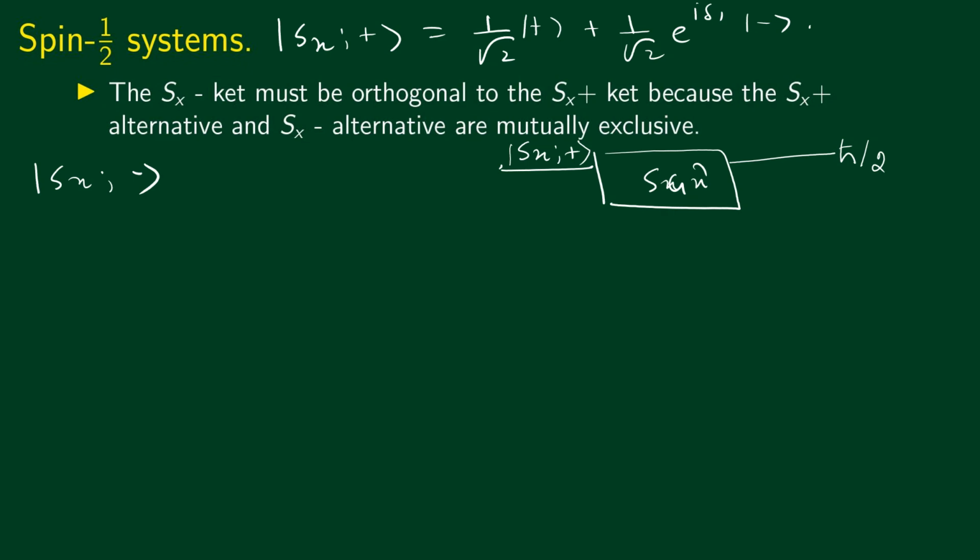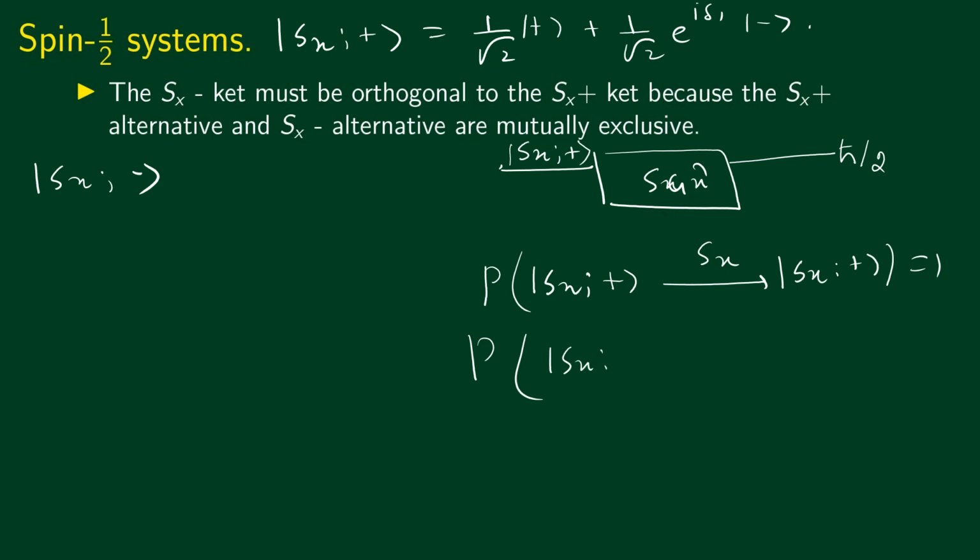This means that in the language of probabilities, if I take a ket Sx plus and I measure the x component of spin on it, the probability that it remains in the state Sx plus is equal to 1, and the probability that ket Sx plus on the measurement of Sx gives Sx minus is 0.